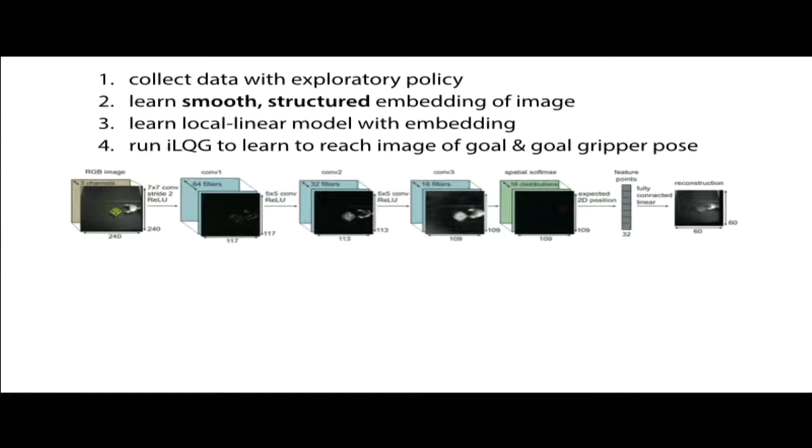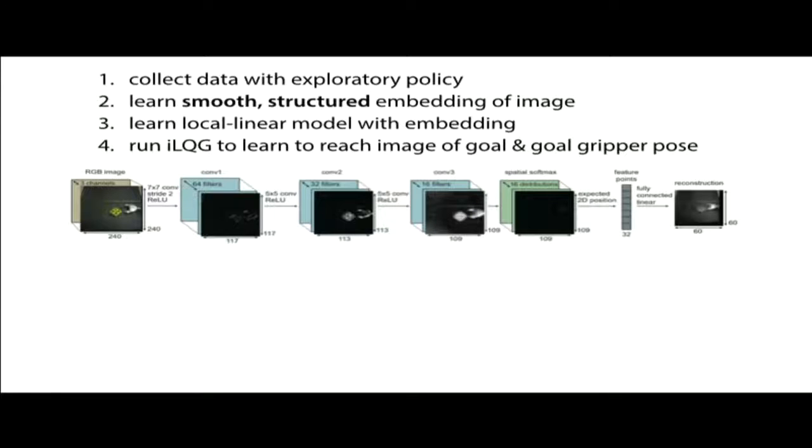The way that this embedding works is that it's an autoencoder, so it maps from the image that the robot sees, in this case a color image, and it tries to reconstruct a downsampled version of the original image. It's downsampled because reconstructing the full version of the image is quite high dimensional, and it's a little bit easier to reconstruct a smaller version.